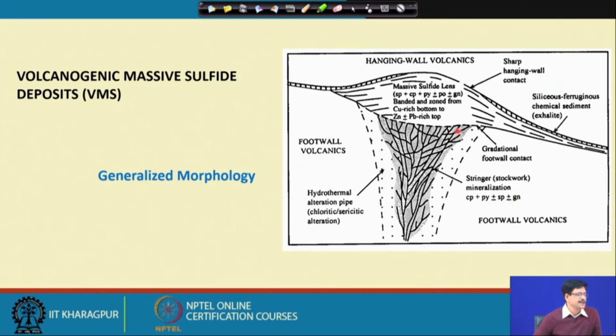So, this is invariably associated with a hydrothermal alteration zone, or hydrothermal alteration pipe, which is essentially a chloritic or sericitic alteration, because alteration of the ferromagnesian minerals in the basaltic glass will give rise to chloritic material.